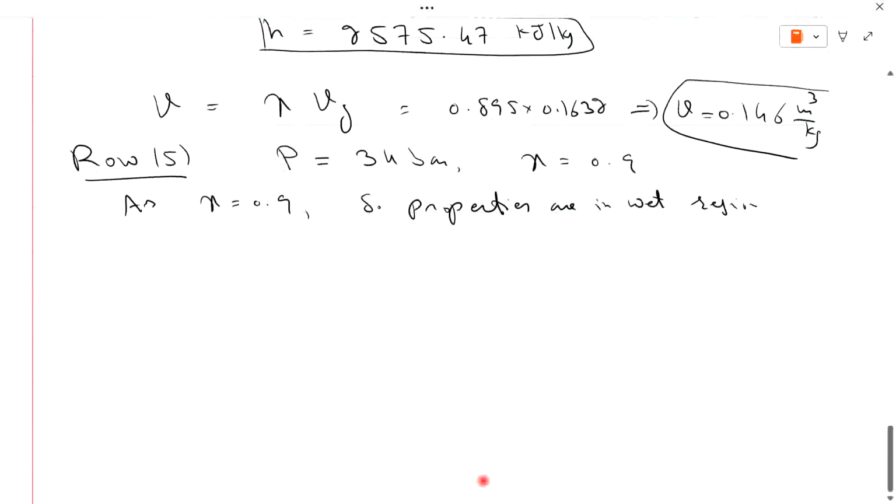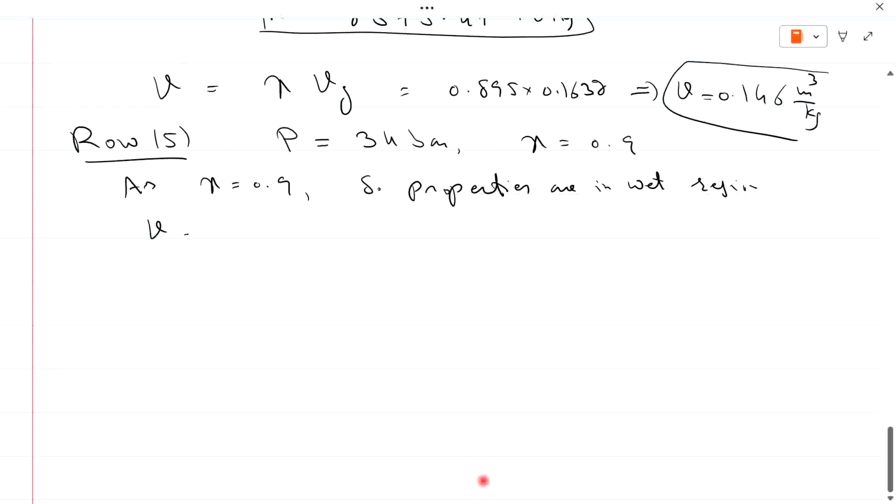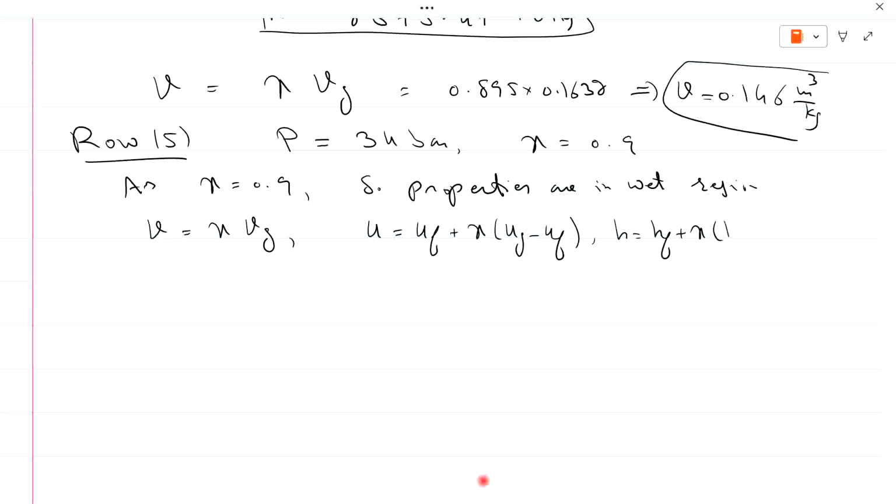So use the formula V is equal to x Vg to find specific volume, U is equal to Uf plus x into (Ug minus Uf) to find specific internal energy, and H is equal to Hf plus x into (Hg minus Hf) to find specific enthalpy. So first find Vg, Uf, Ug, Hf and Hg from the saturated steam table.